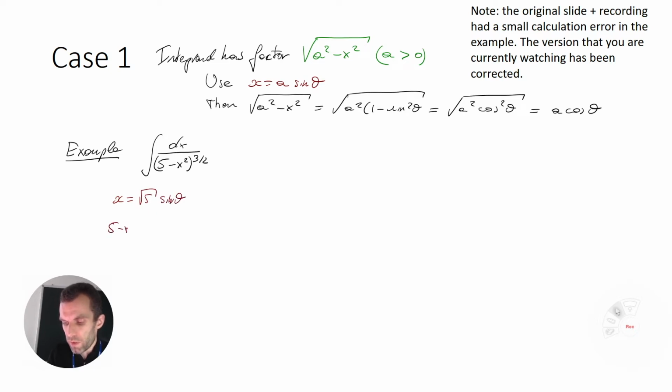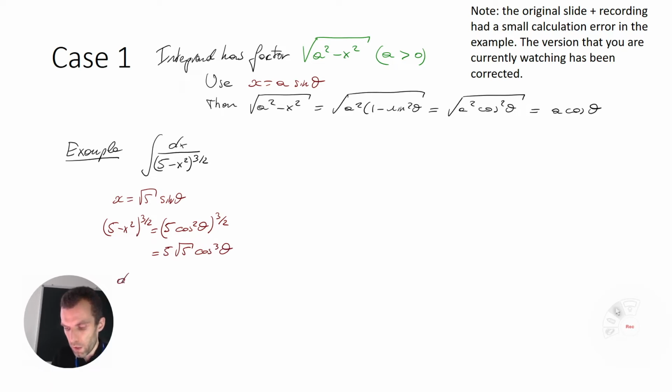So that means that 5 minus x squared to the power 3 halves is 5 times 1 minus sine squared, that's cosine squared, raised to the power 3 halves. So that is 5 square root of 5 cosine to the power 3 of theta.